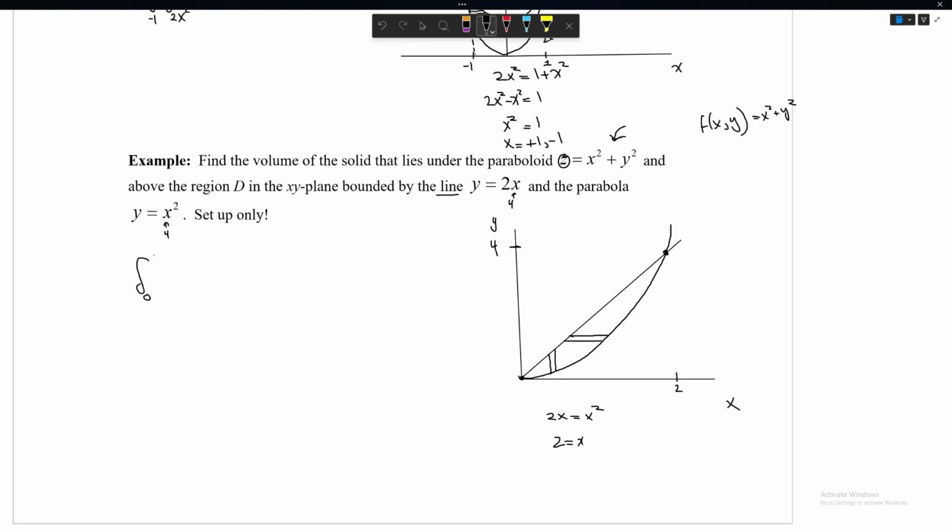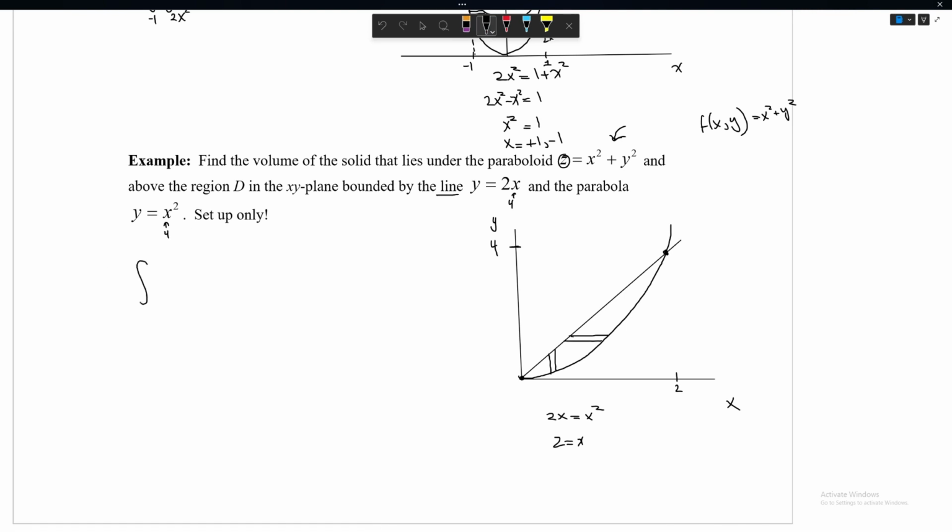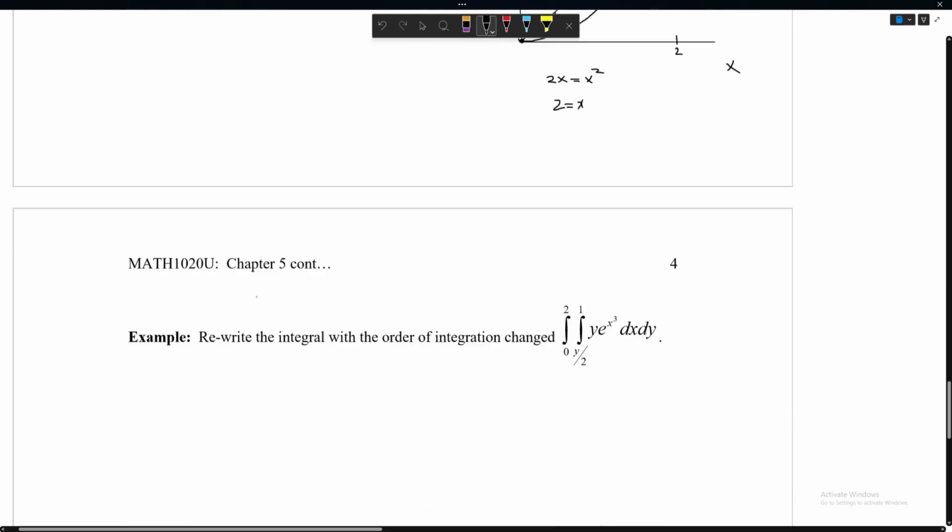So if I'm doing dy first, dy goes from 0 to 4. The integrand is x squared plus y squared, dx dy. Now for x, you read it from left to right: I'm going from the line, which is 2x, to the parabola, which is x squared. And that's your setup.